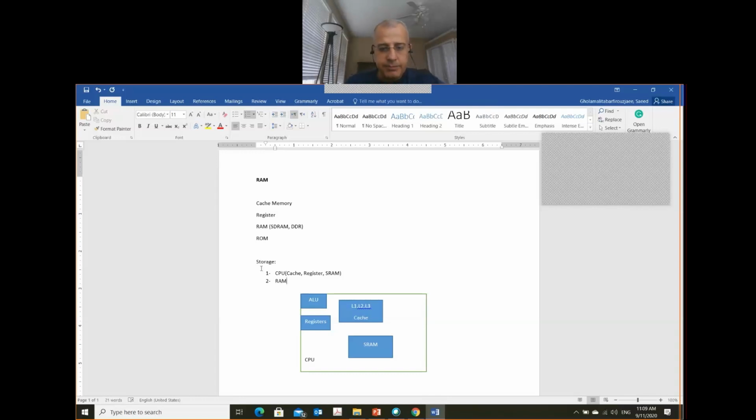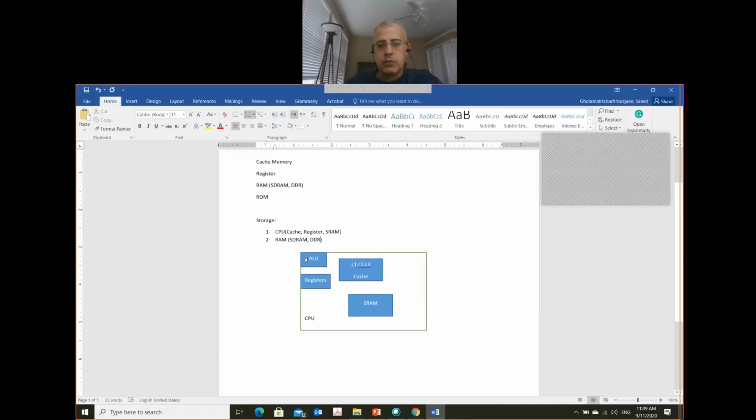We have RAM, which is divided into two groups, SDRAM and DDR RAM: synchronous dynamic RAM, and double data rate RAM. So the difference between DRAM and SRAM is that SRAM is located inside the CPU and it is very fast and it can keep its information for a while.